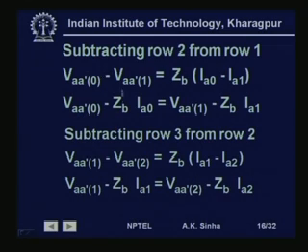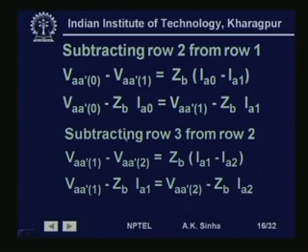This term we are taking on this side, and this term we are taking on the right hand side, so it becomes positive: VAA dash 1 minus ZB into IA1. So this is what we get by subtracting row 2 from row 1.